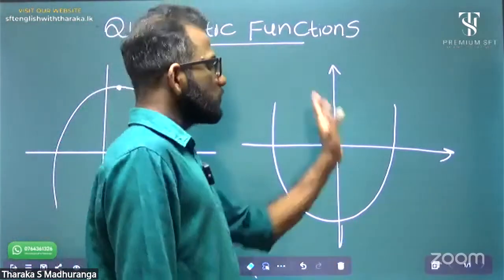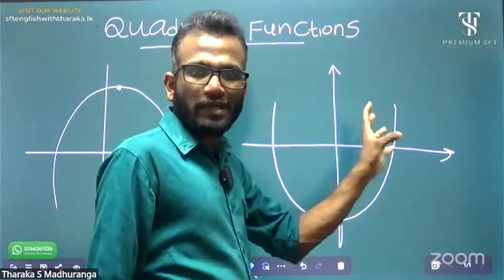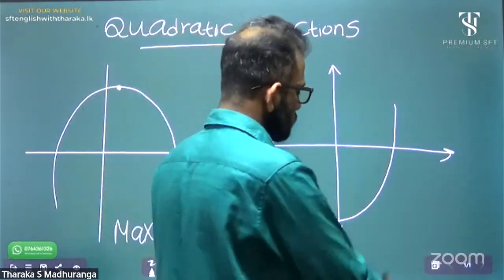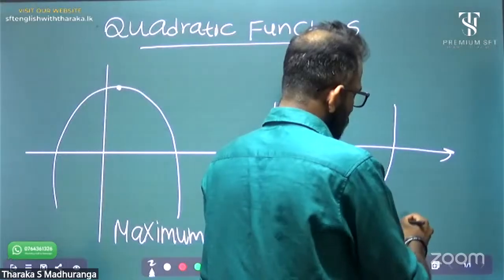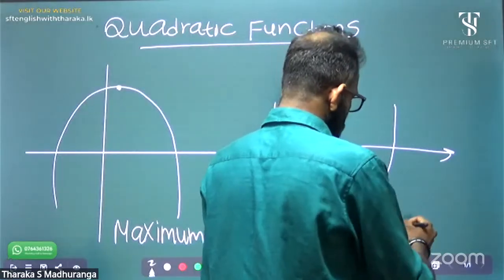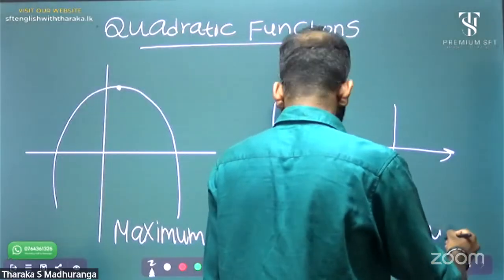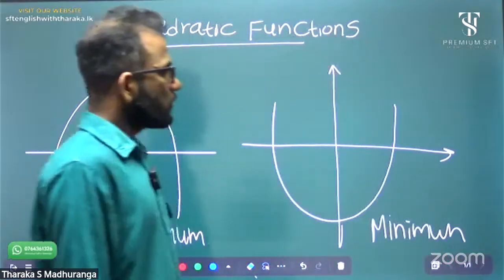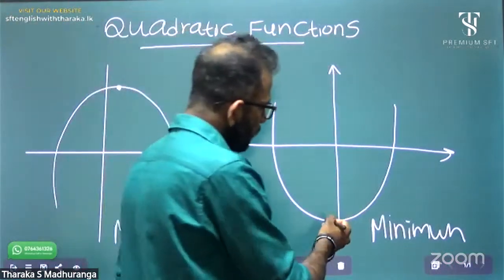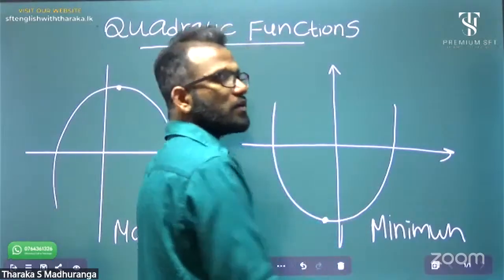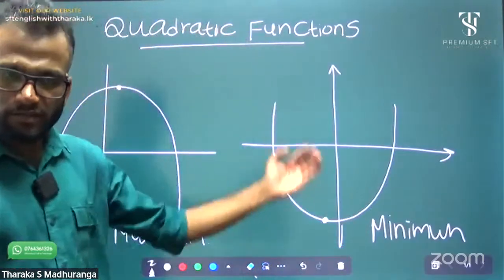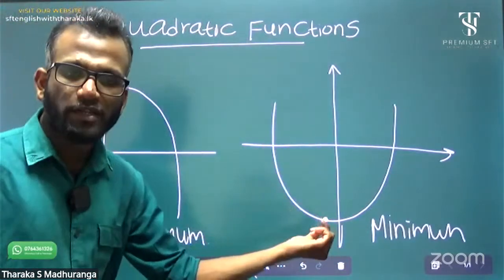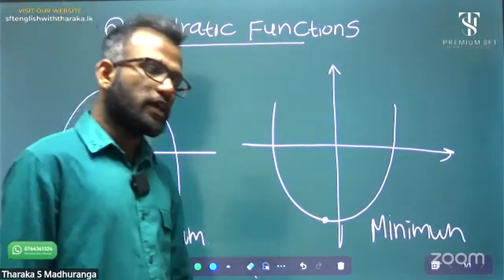If you get this shape, we call it a minimum quadratic function, meaning the turning point is the minimum value of the y-axis. See, the turning point is the minimum point of the y-axis.